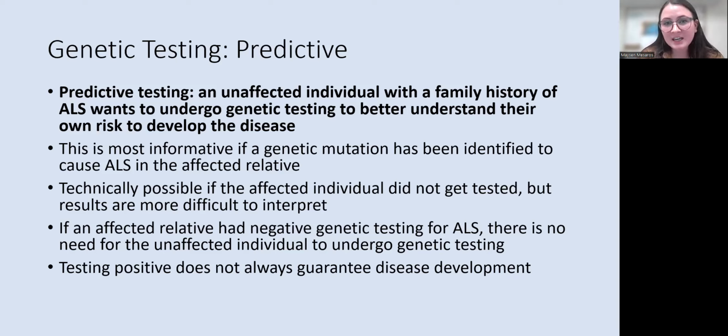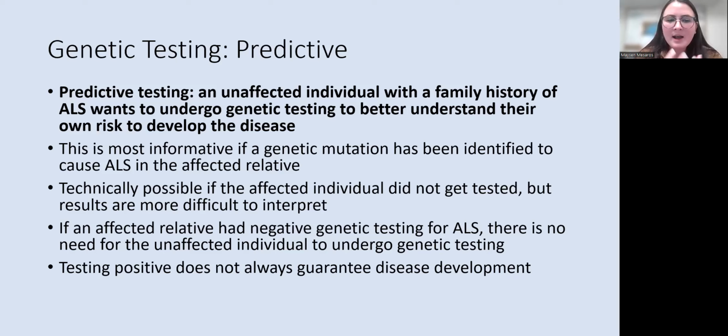Or is she negative because there was not a mutation in her father in the first place, or maybe a gene we haven't discovered yet is responsible for his ALS. So it may not be a true negative for that patient. It can get us closer to risk assessments. A negative result is promising regardless, but there's always that possibility that maybe a gene we haven't discovered yet is responsible for what we're seeing in the family. And it can be a little tricky in that way.